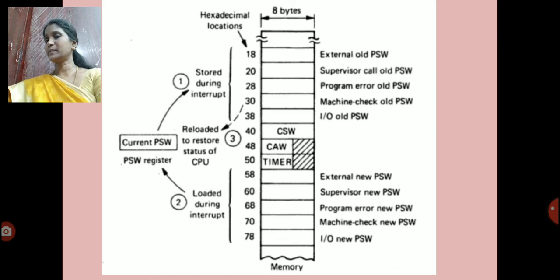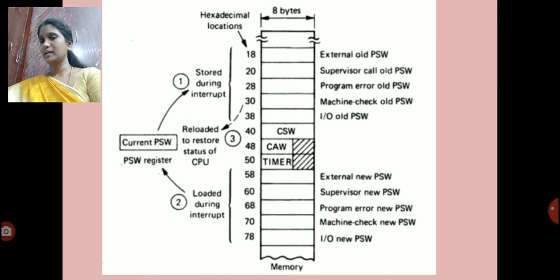Now an interrupt comes, and the control is transferred to number 2, which is at the bottom, where the interrupt is handled. In number 3, the program is resumed.